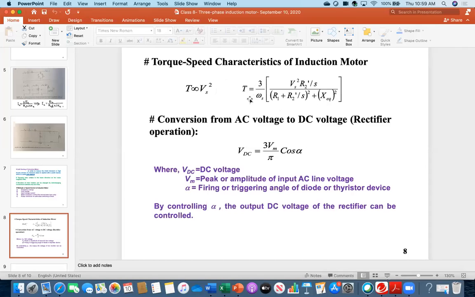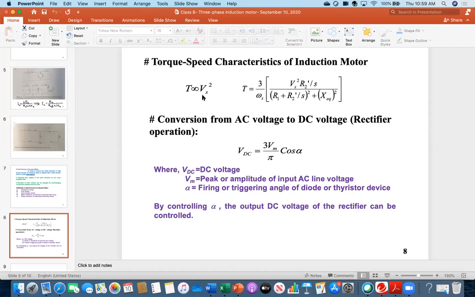Torque is 3 over omega_s, where omega_s is the synchronous speed in radians per second. And then you see Vs squared, R2 over s, R1; you see these symbols, but the main thing is Vs squared. All other things could be constant. So that's why torque is proportional to Vs squared, meaning the input voltage to the stator.